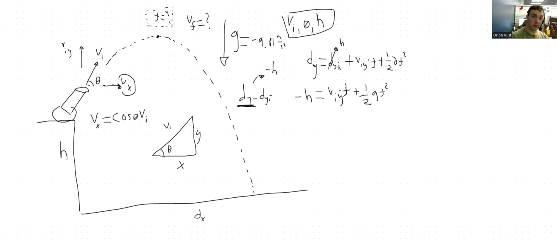Now think about it logistically. Our x is our adjacent and our Vi is our hypotenuse. So we get Vx over Vi, our hypotenuse, remember SOHCAHTOA, equals cosine theta.